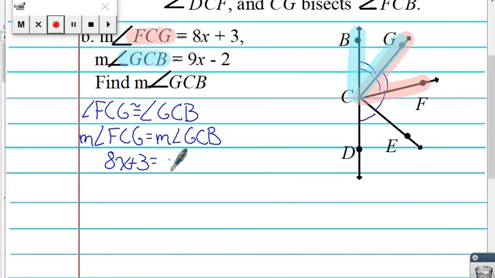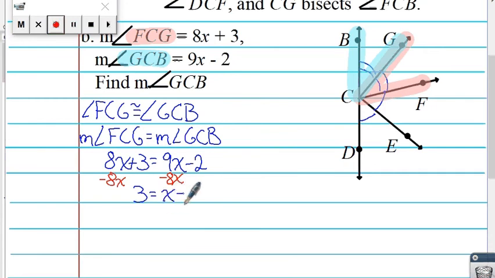And now we've got pretty much the same thing we had last time. We need to get that variable by itself. We've got x's on both sides. So I'm going to start by subtracting 8x from both sides. Okay, 8x minus 8x is 0, so I just have 3. 9x minus 8x is 1x, or simply x. Minus 2.